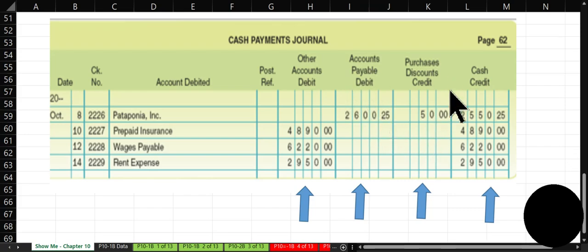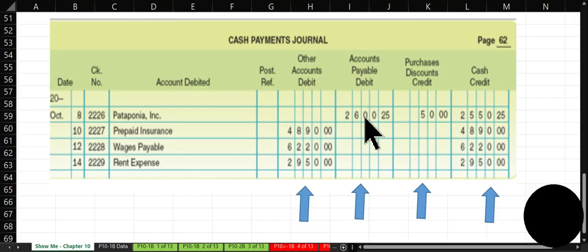And you can see that we would debit accounts payable with the full amount, but the actual amount that would come out of cash would be the amount net of the purchase discount.